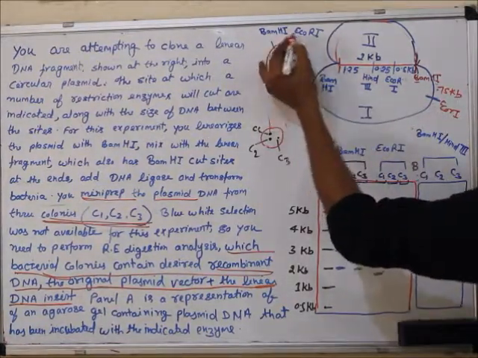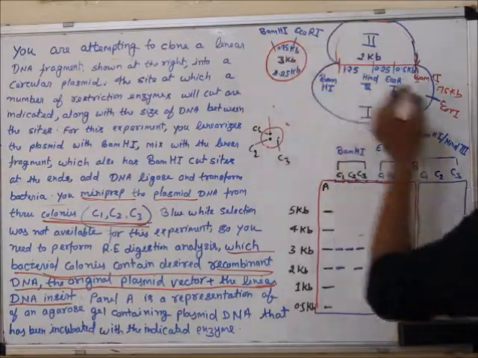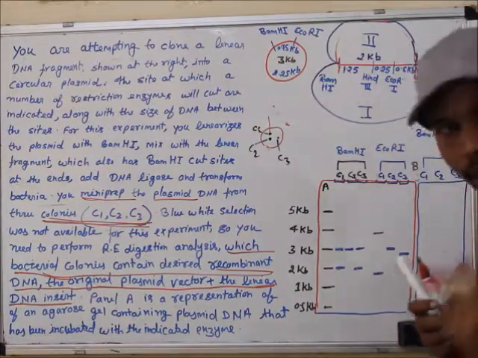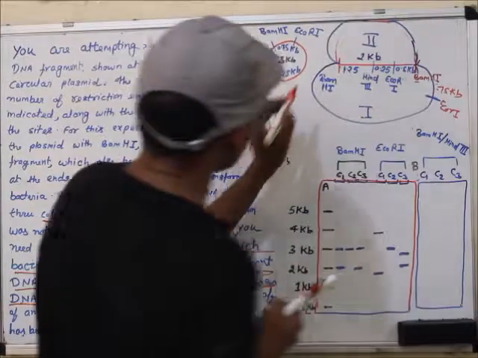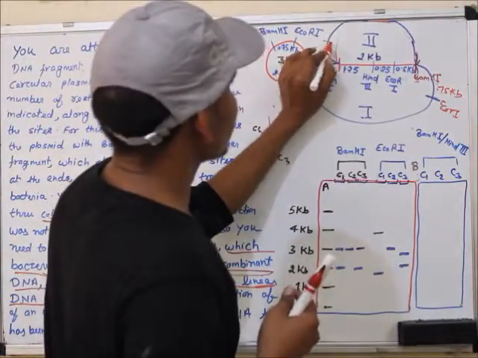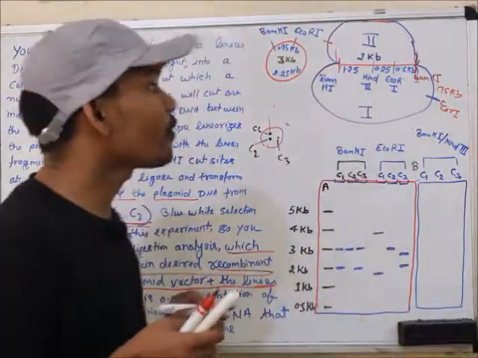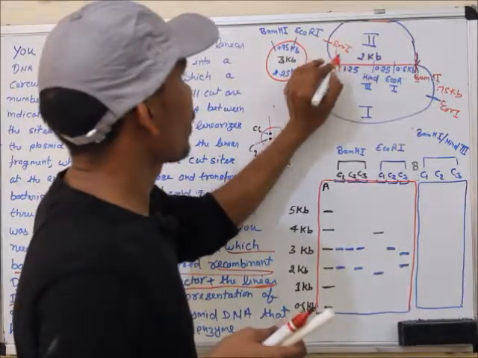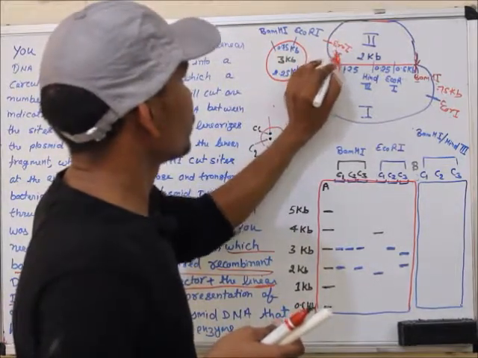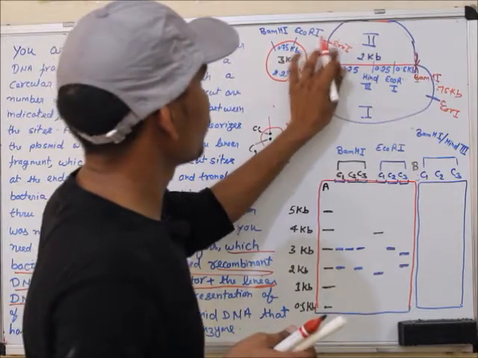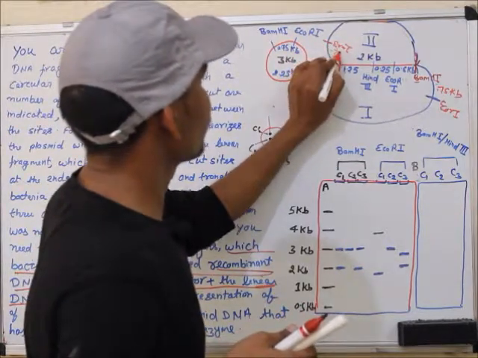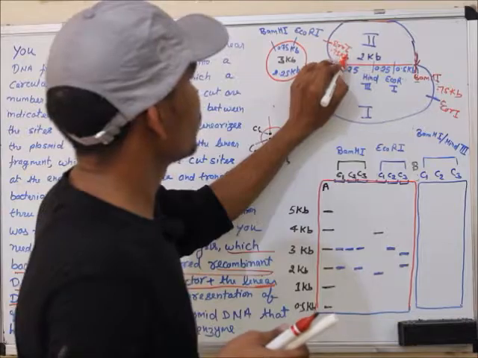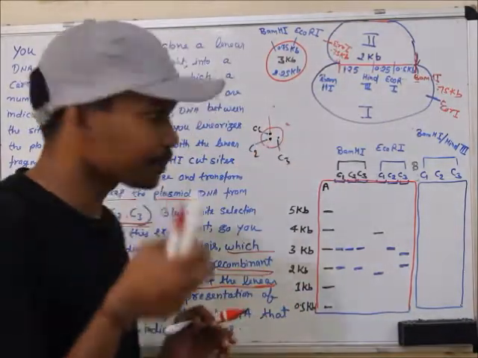That is BamHI first, EcoRI first, 0.75 kb in the first orientation. And if the second orientation attachment is performed, then the EcoRI would be here, 0.75 kb. The orientation would be changed.